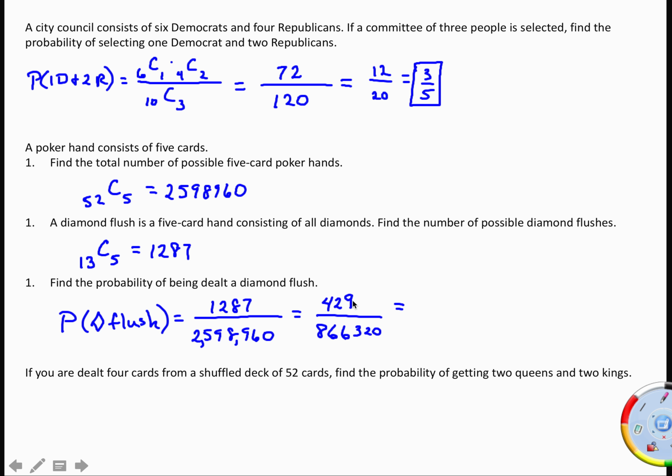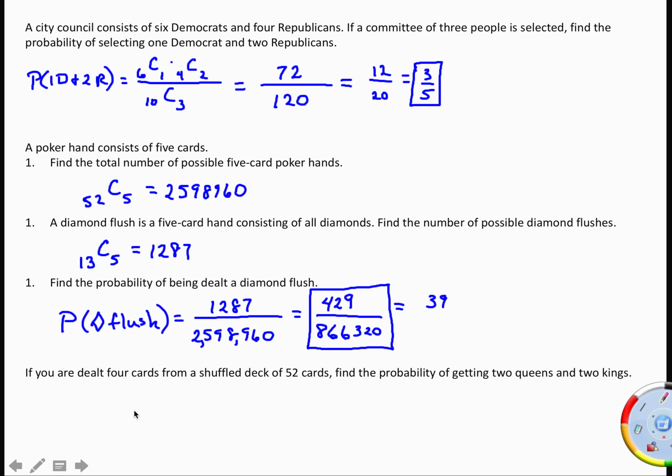Maybe we'll try 11. It is divisible by 11. Okay. Let's try the denominator. See if it's divisible by 11. It is not. So once again, I'm going to hope that I've completely simplified that.